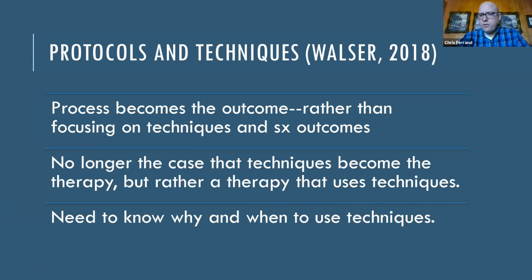So process becomes the outcome, so movement of a process, rather than focusing on techniques and symptom outcomes. No longer the case that techniques become the therapy, but rather a therapy that uses techniques. We want to know why and when to use those techniques.